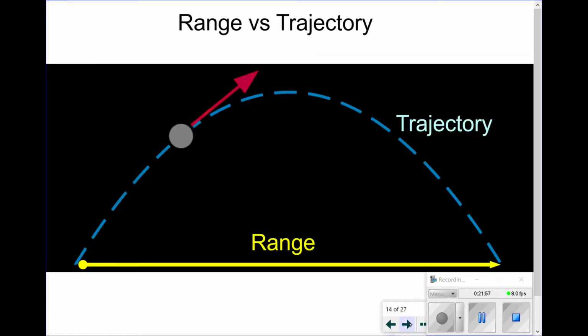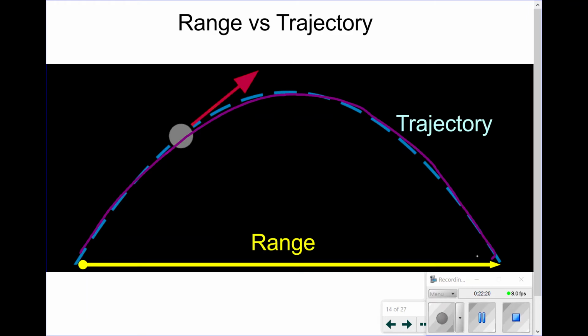Some people get confused with the term range and trajectory. Trajectory is the actual path that a projectile travels. We are never interested actually in the values of this. Too many things are happening. I'm accelerating along one axis. I'm moving across another axis at constant velocity.